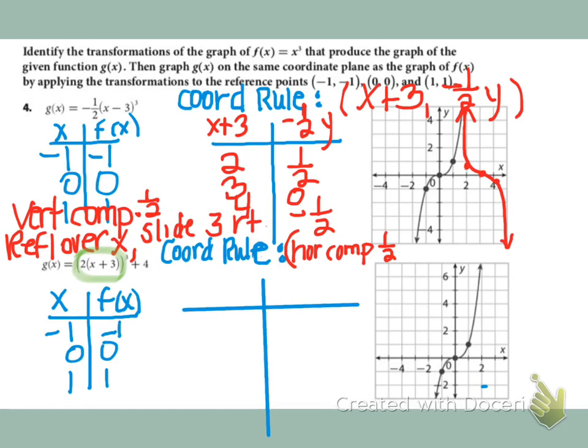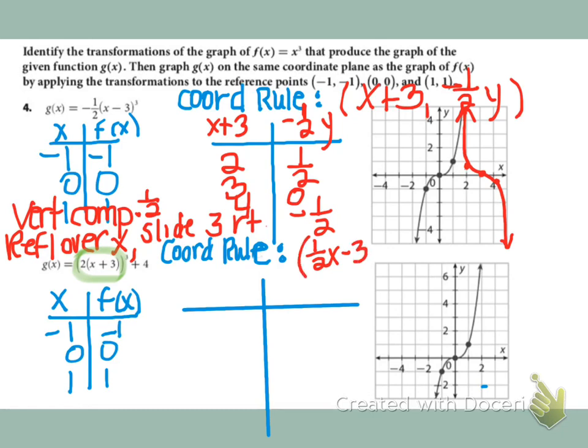Oops, I'm sorry, I didn't mean to write. I was trying to write the coordinate rule here, and I was writing the description in there. So we have a horizontal compression of a half. That would mean we'd be multiplying the x by a half. And then we have to actually move it 3 units to the left, so in the coordinate rule, we subtract 3.